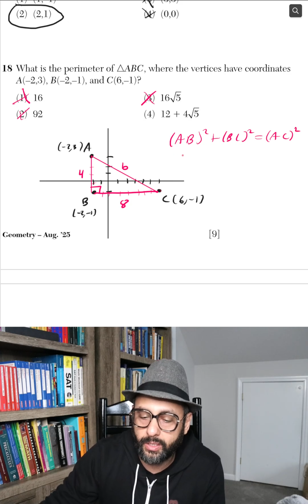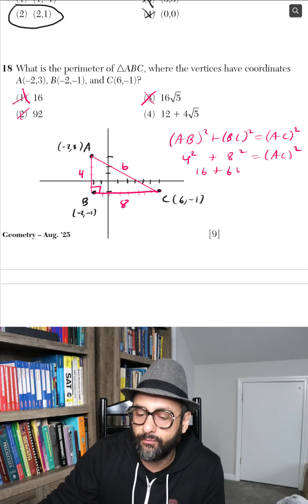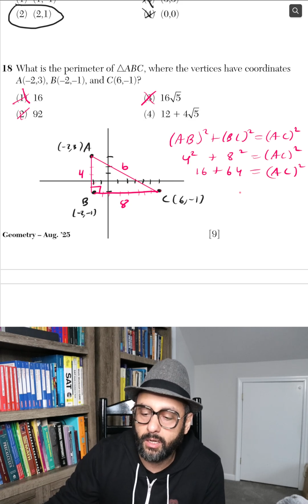So AB squared is 4 squared plus BC squared is 8 squared, and that's equal to AC squared. And so we get 16 plus 64 equals AC squared, so 80 is equal to AC squared.